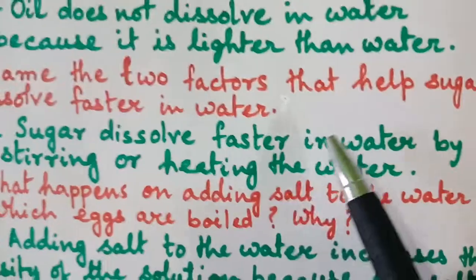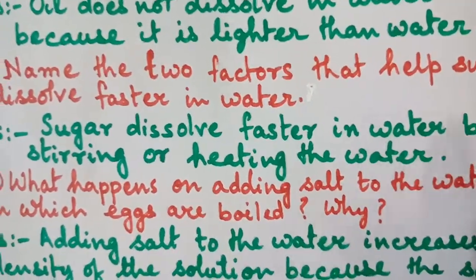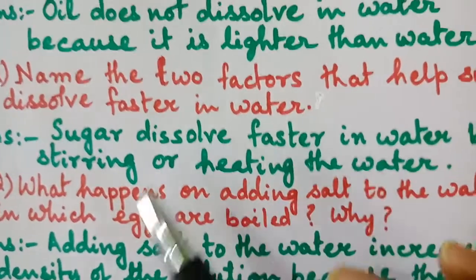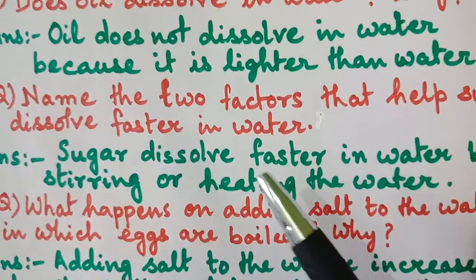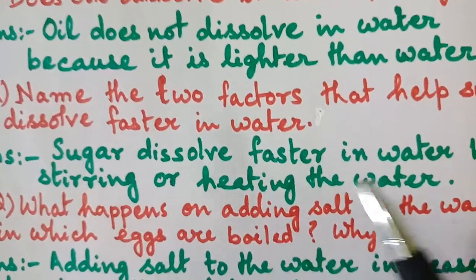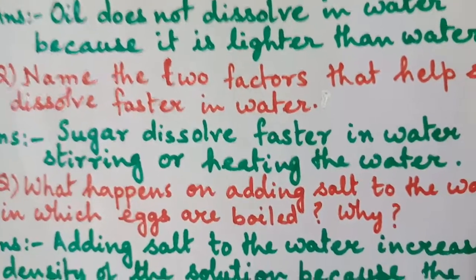Sugar dissolves faster in water by stirring or heating the water. When we stir the liquid with the solute or heat the water, then sugar will dissolve faster.